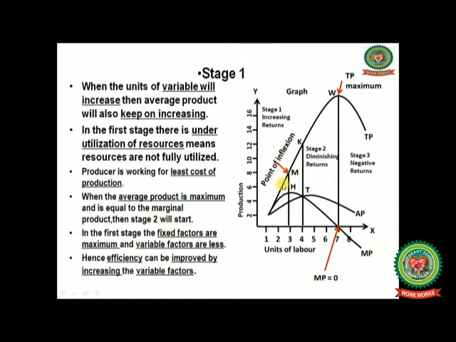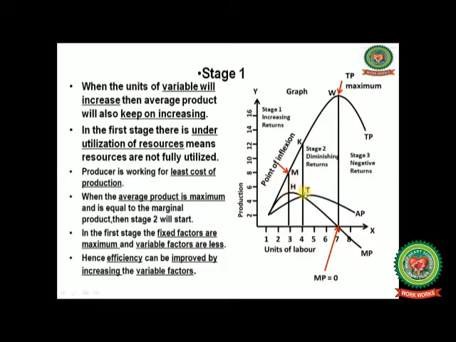Next, when the units of variable factor increase from 1 laborer to 2 laborers, then 3, then 4 laborers, average product keeps on increasing. You can see in the first stage there is underutilization of resources, meaning resources are not fully utilized, and the producer is working at the least cost of production. Least cost of production means with every additional unit of the variable factor, total output is going to increase.